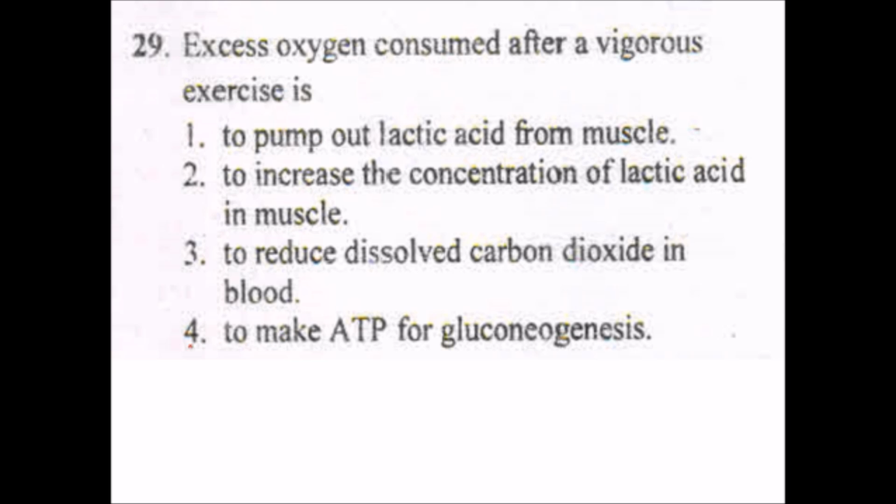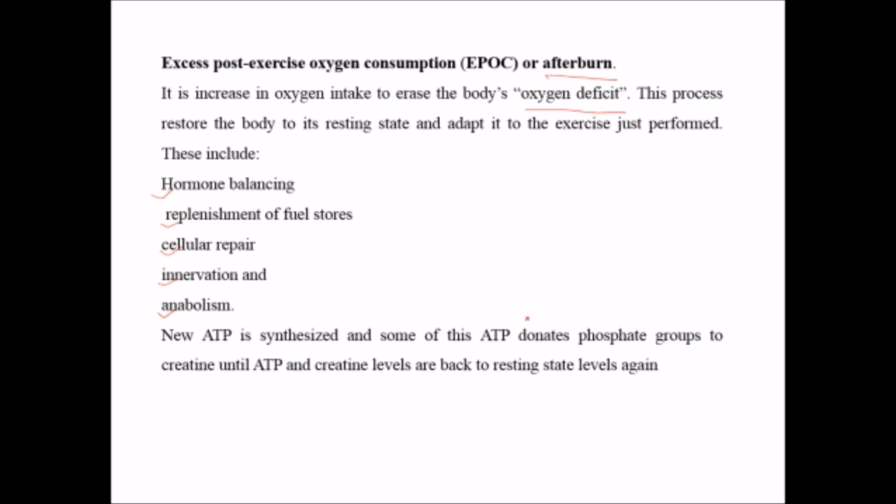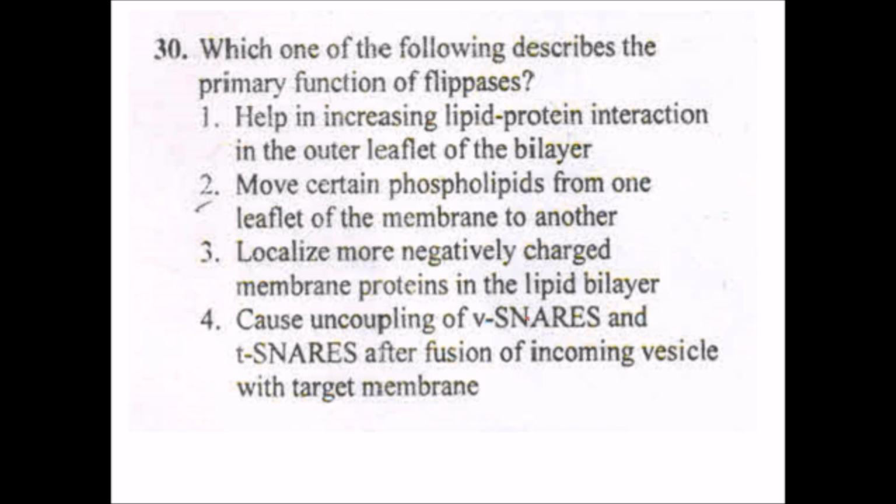It doesn't pump out lactic acid from the muscles; rather it changes the lactic acid into pyruvic acid in the muscles itself, and from there it can go to the Krebs cycle. So the answer will be to make ATP for gluconeogenesis. Now move to the next question.